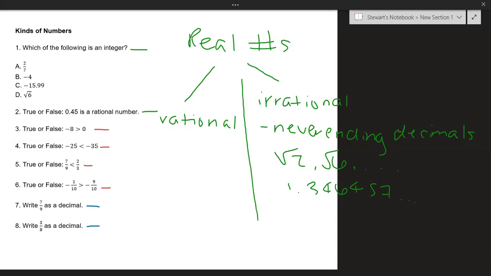Rational numbers, on the other hand, are numbers like all fractions, such as 2/7, all proper fractions, 2/7, 3/4, 7/9, -1/5, and so on. It can be positive and negative.